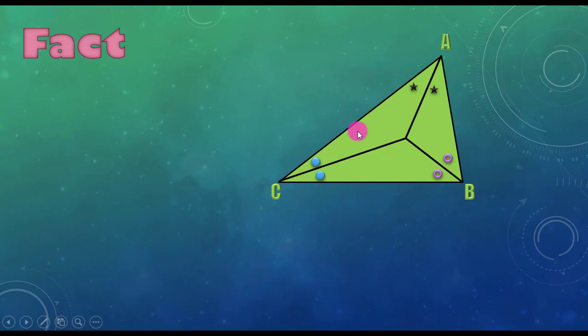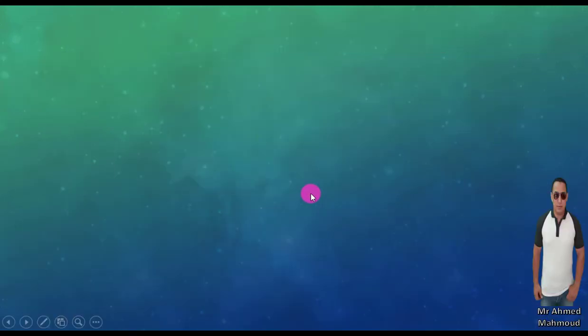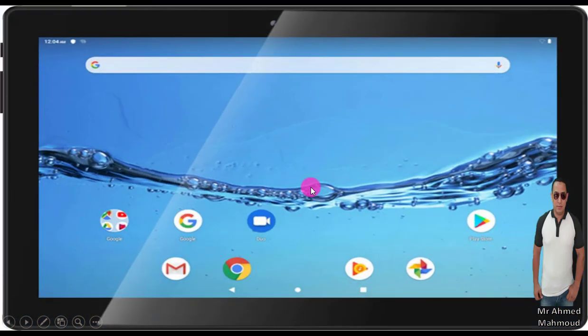The bisectors of the angles of a triangle are concurrent, and concurrent means they intersect at one point. So if the problem gives me two bisectors, then the third is also a bisector. Let's solve the next question depending on this fact.